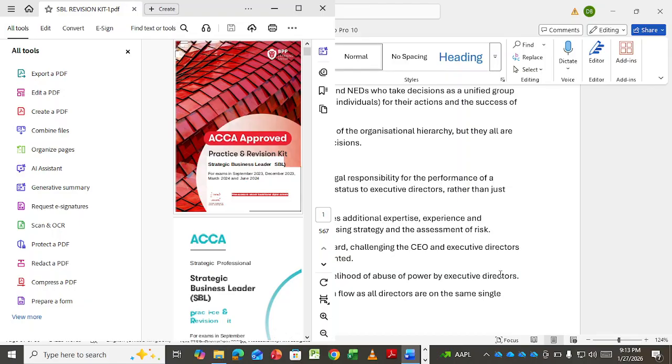It also brings more expertise and experience, especially from non-executive directors, given that the ones who are selected will be having the knowledge of the company or the line of business that they have been appointed to lead. So this helps to bring a more experienced team in terms of giving strategies, assessing the risks, and deciding on what should be implemented for the company's success. Closer relationships and better information flow, as all directors are on the same single board.